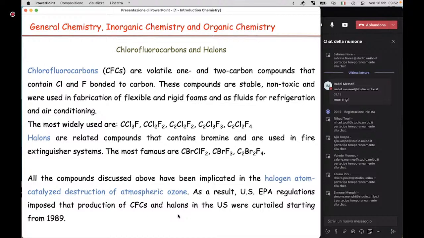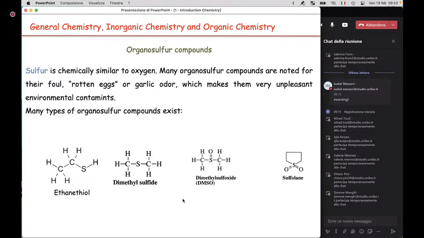Okay, this is just to give a brief survey of possible problems caused by halo compounds. We can also have sulfur in our organic molecules. The most important kind of compounds are thiols, where we have the SH sulfur hydrogen bond, the SH group, it is the thiol group.